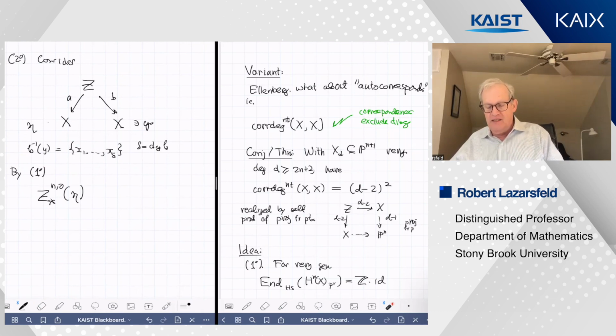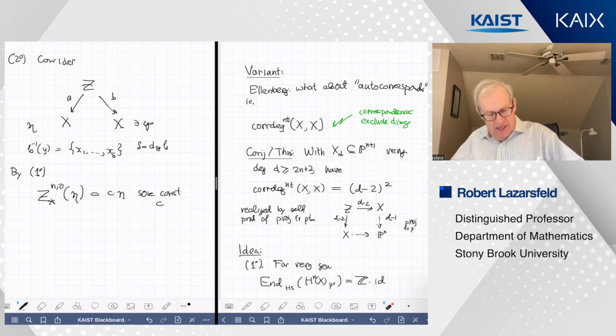This correspondence gives us a map from an endomorphism of the primitive cohomology of X. And by this previous step, this has to be a multiple of the identity. So this has to be C times eta for some constant C, right? Because this is the N0 piece of an endomorphism like this.